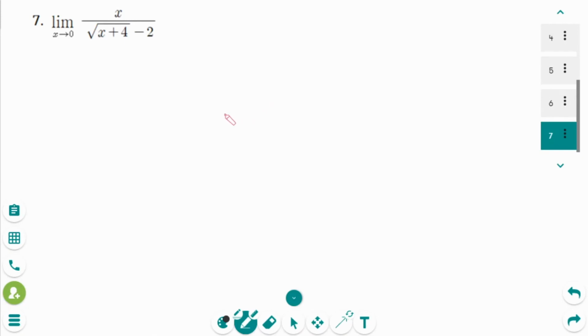This is the next question. It is in the 0 over 0 form when x approaches 0. We need to multiply the conjugate of the denominator to both the numerator and denominator. So times square root of x plus 4 plus 2 over square root of x plus 4 plus 2, and then keep the numerator in the factored form.